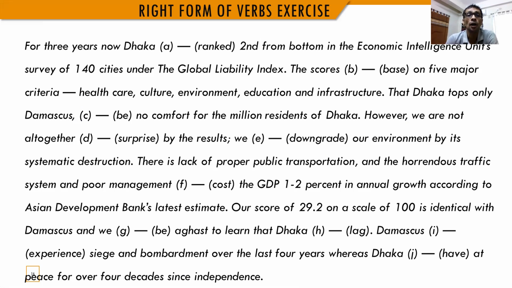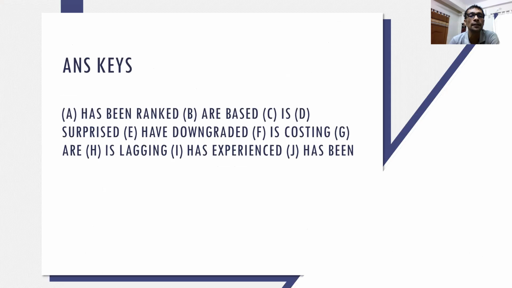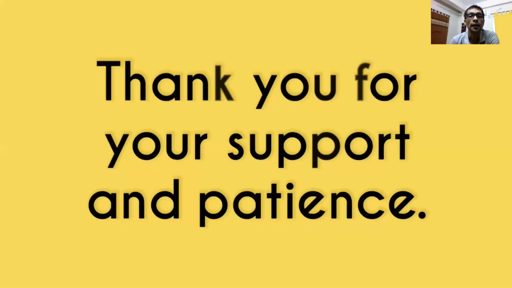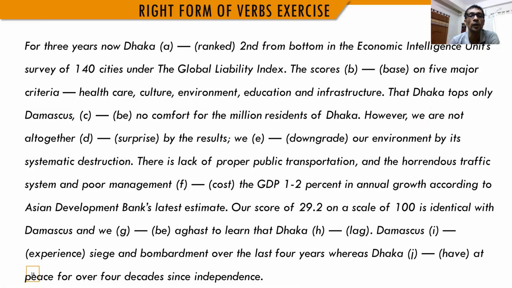However, we are not altogether surprised by the result. It's already done. We are not, it means it's passive. So it would be surprised. We are downgraded. Look at the example of this one and look at the answer. Have downgraded. We have downgraded our environment by its systematic destruction.